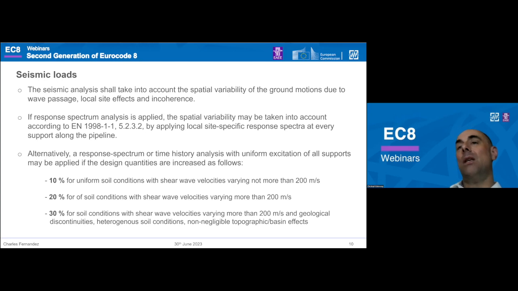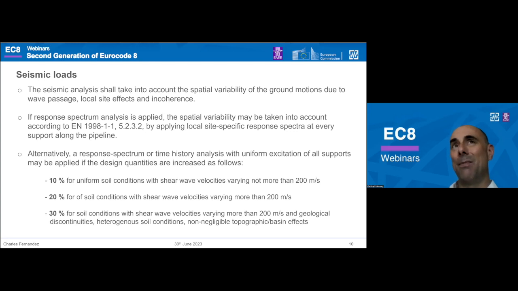The alternative is that we use simply an increasing factor, and the increasing factor depends on the soil conditions. So 10% increase for uniform soil conditions, where the difference in the shear wave velocity is not higher than 200 meters per second. 20% if we have non-uniform soil conditions and shear wave velocity is varying more than 200 meters per second.